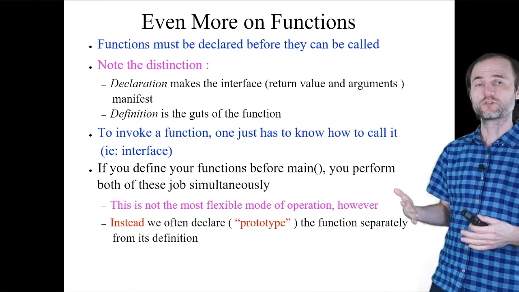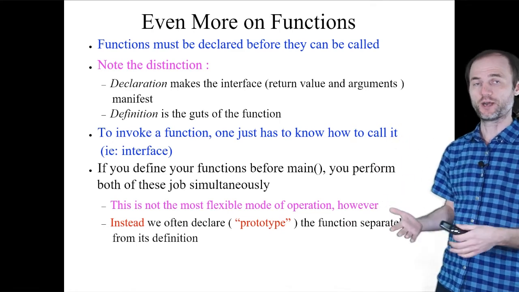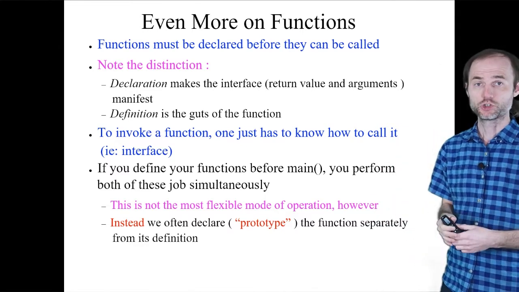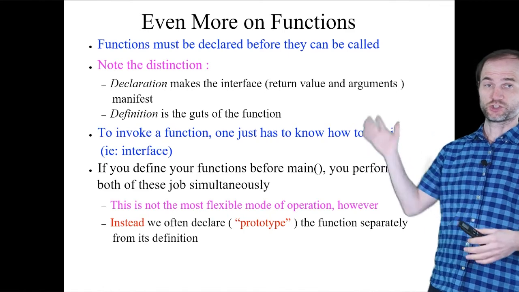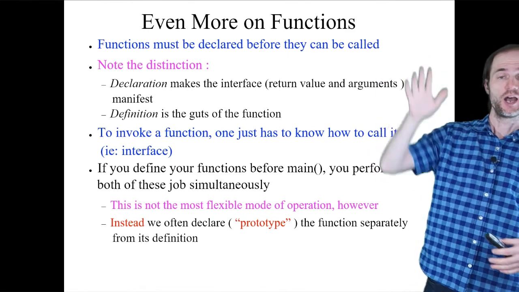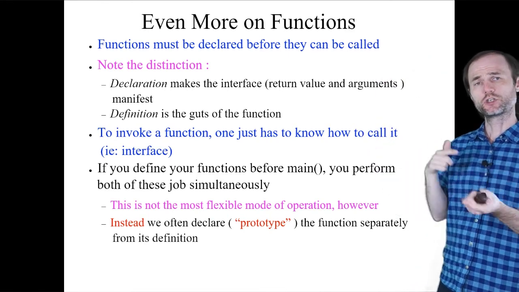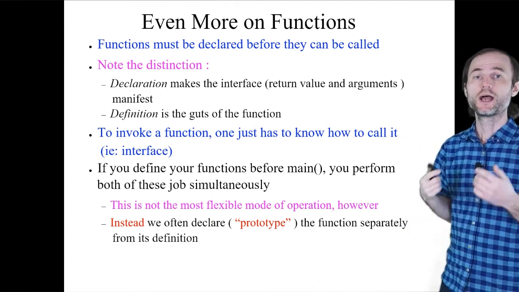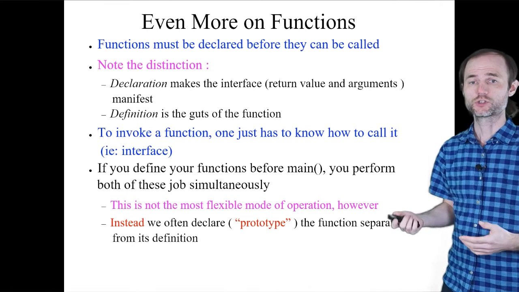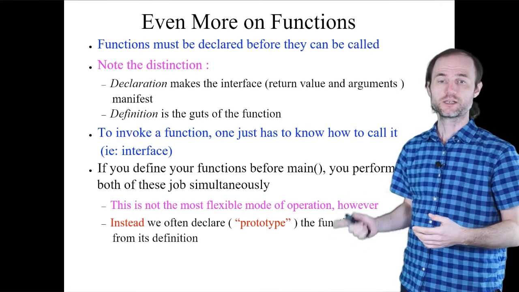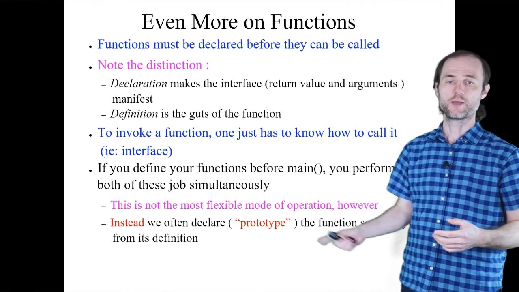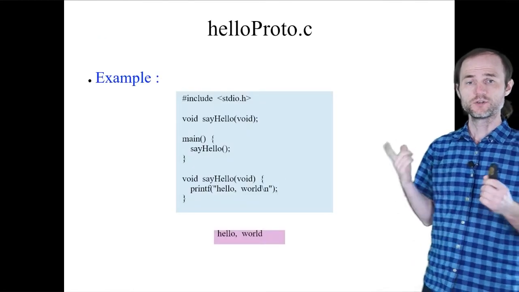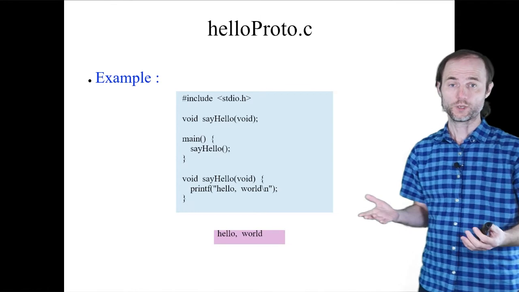The definition of the function has already taught the compiler how to call the function, but it's not always practical to define the functions first, because sometimes functions can call each other. And so it's important to teach the compiler how to call functions by providing declarations, or prototyping the functions, separately from their definitions. Here is an example of how one can do that.